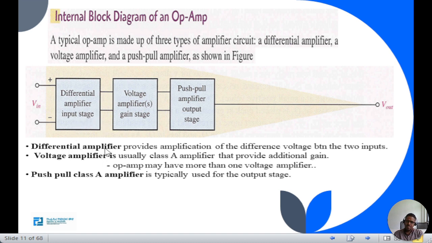The first, the differential amplifier, provides amplification of the difference voltage between the two inputs, non-inverting and inverting. The voltage amplifier, usually a class A amplifier, provides additional gain. An op-amp may have more than one voltage amplifier stage.